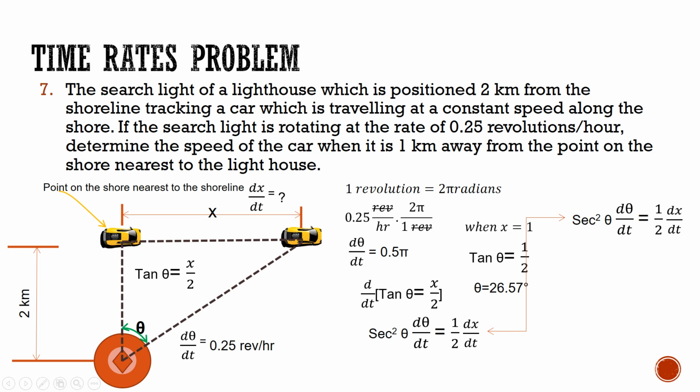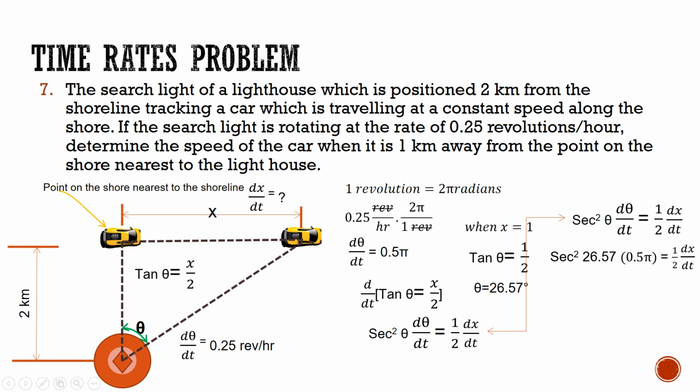Tangent theta is equal to x over 2, so we'll come up with tangent theta is equal to 1/2. Getting the arctangent of that one, we have 26.57 degrees.